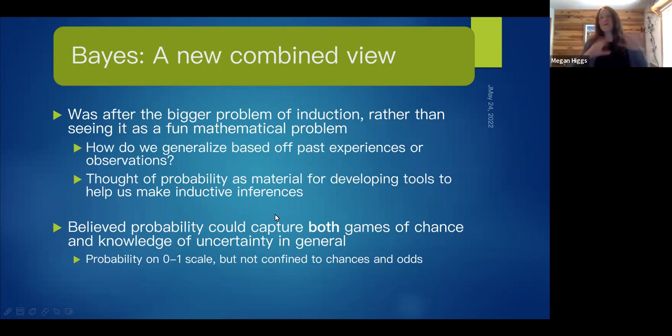So this is a huge step forward in terms of getting toward where we are now. He believed that you could use it to capture games of chance, but you could also use it to represent knowledge of uncertainty in general, with some constraints.